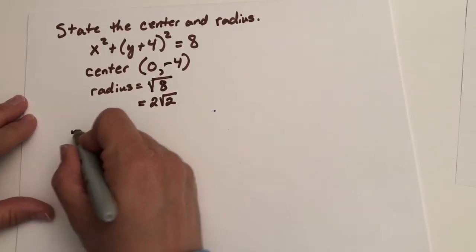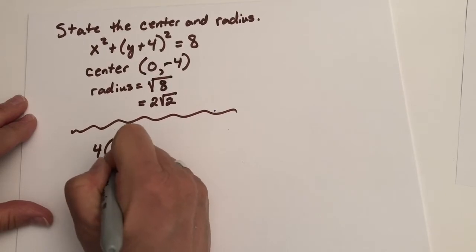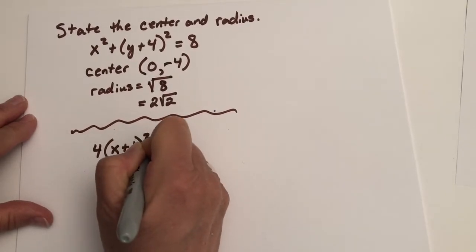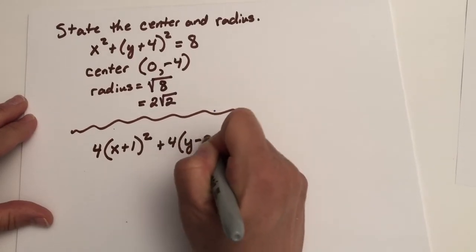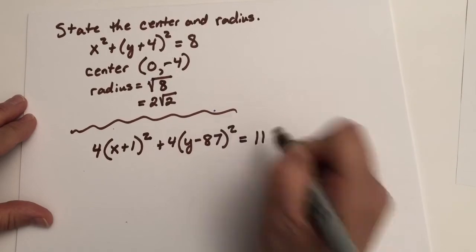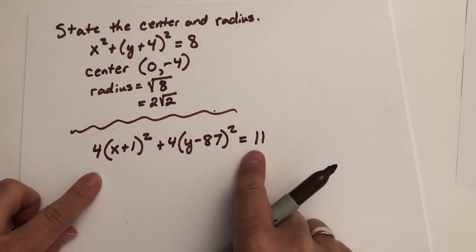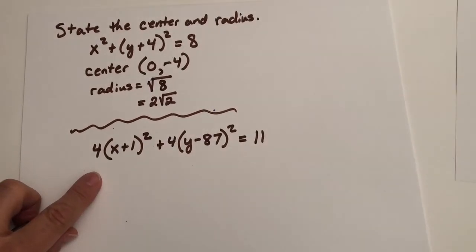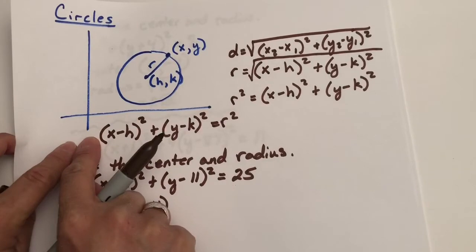The equation could look more like this. Let's do another one. Let's make it 4 times (x plus 1) squared plus 4 times (y minus 87) squared equals 11. Now this one isn't quite in standard form, because remember, in standard form, let me show you again, the coefficients here were 1s.